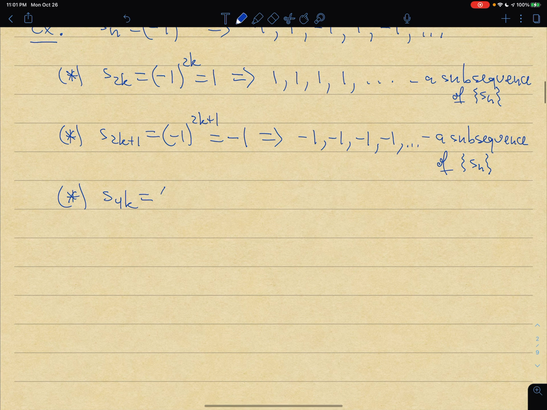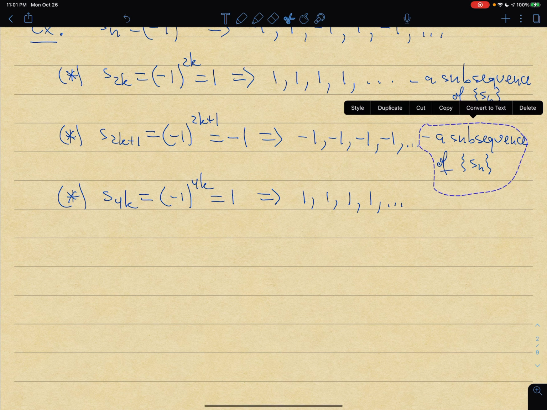This is minus 1 to the 4k, and that again is minus 1 to an even power. So once again, it is equal to 1. And because it's equal to 1 for every element, the subsequence is going to be 1, 1, 1, 1, and so on.